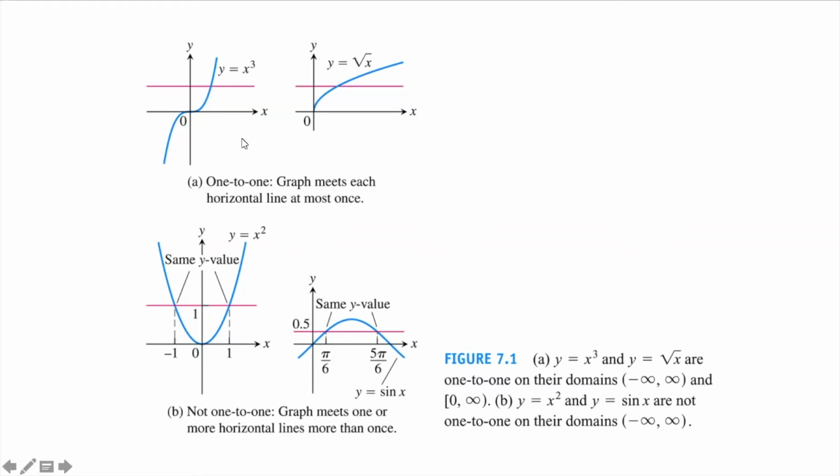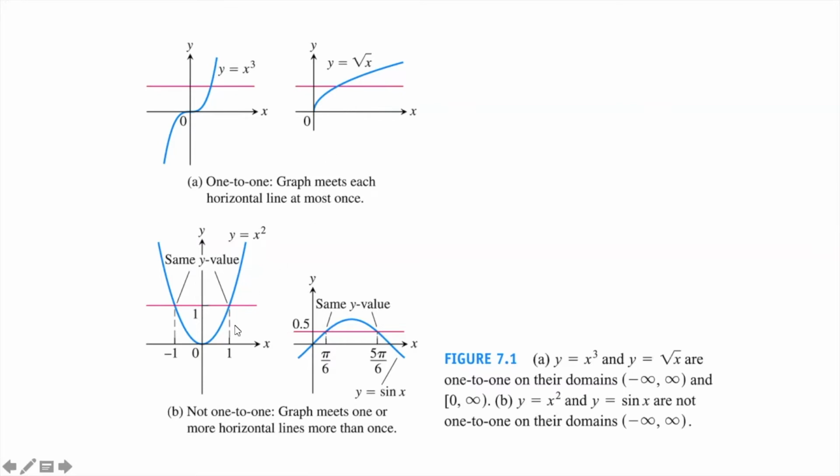Notice also that no matter where you draw a horizontal line through this graph, it only intersects the graph once. So that's going to give us the so-called horizontal line test, which we'll look at on the next slide. Same thing over here, the graph of y equals the square root of x. No matter where you draw a horizontal line, it only intersects the graph once. Two different x values always give you two different y values.